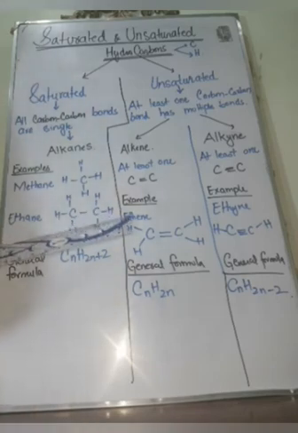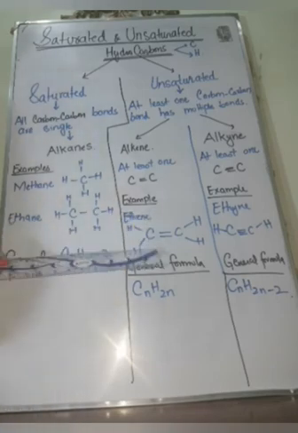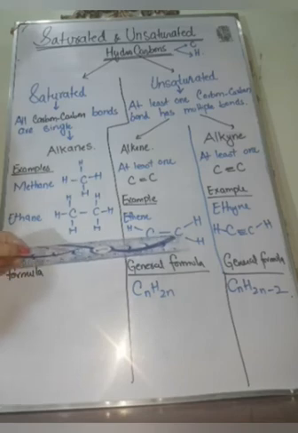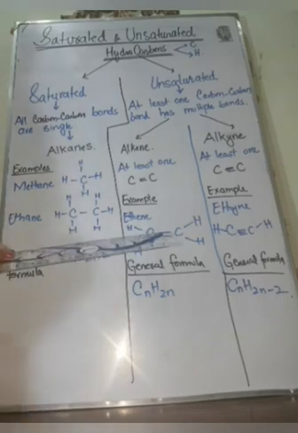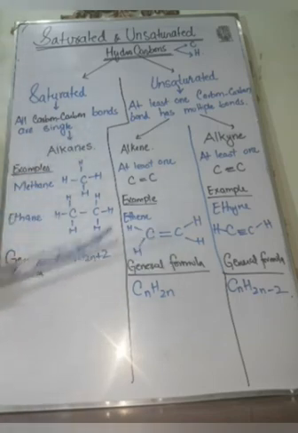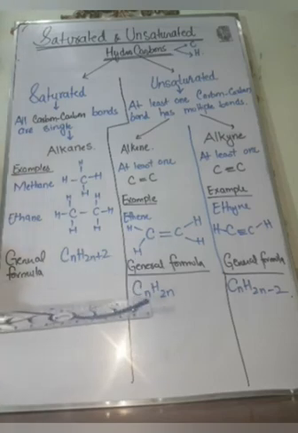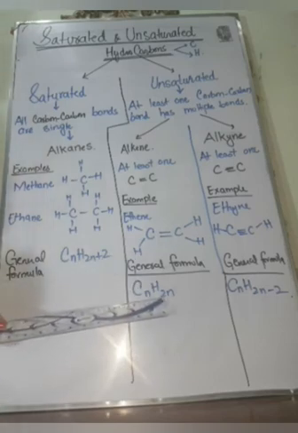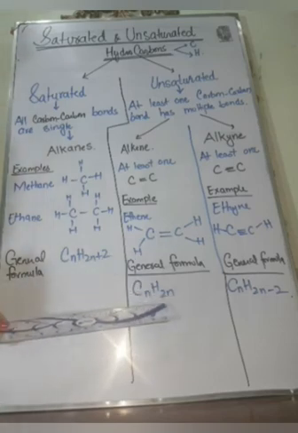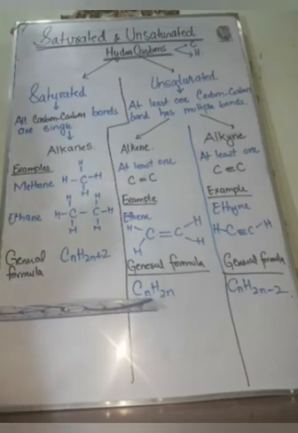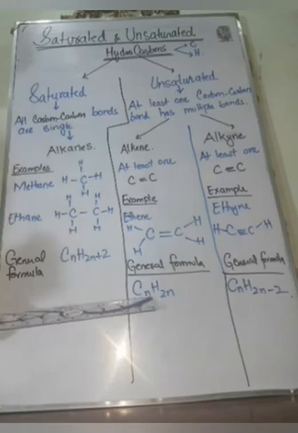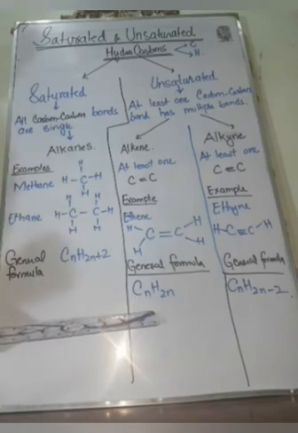In ethene, two carbon atoms are present, and between them a double bond is present. Therefore this compound is considered an alkene, an unsaturated hydrocarbon. The general formula for the alkene is CnH2n. With this general formula, if we know the number of carbon atoms, then we can derive the molecular formula of an alkene.